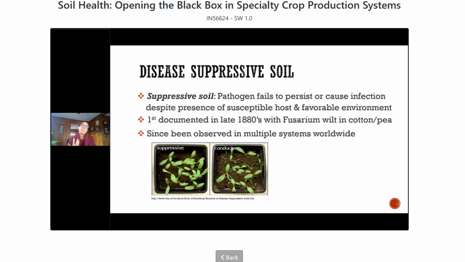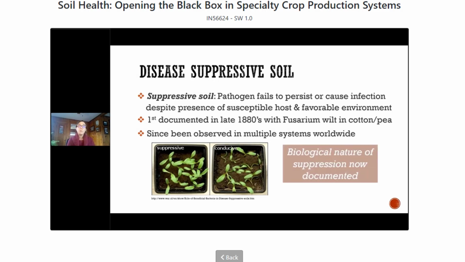But we also know there's these so-called disease suppressive soils where, despite all these factors, the plants remain really healthy and viable. And this was first documented in France in the 1880s with Fusarium wilt in cotton and pea, but it's since been observed in multiple systems worldwide, so we know it's not an isolated phenomenon.